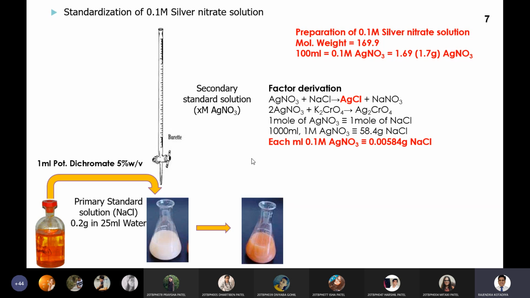Go ahead, one by one, no problem. Sir, we can take X ml, Y molar AgNO3, it will be equivalent to the previous grams of NaCl we taken.